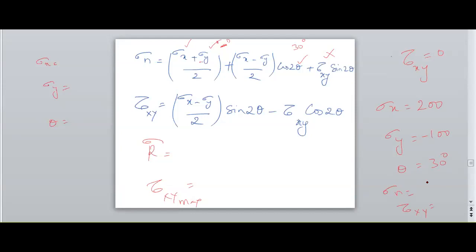Next, after finding these two values, I need to find the resultant stress.